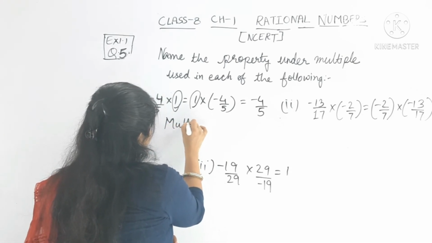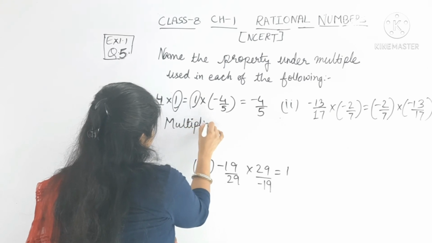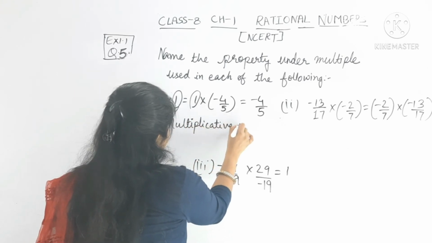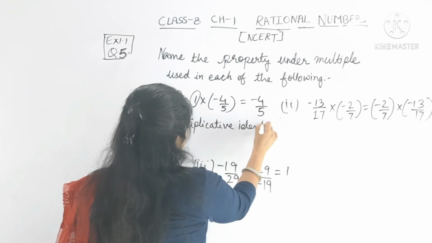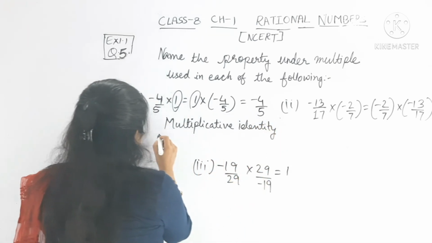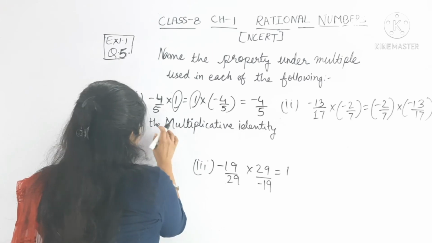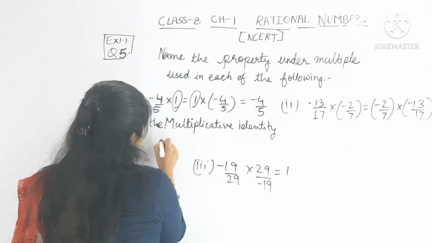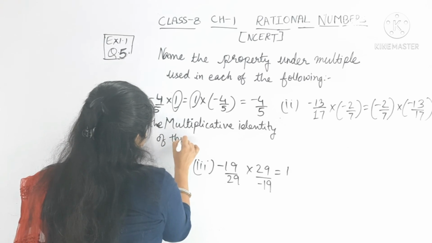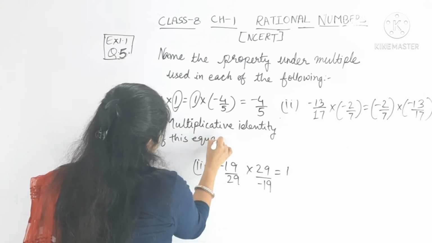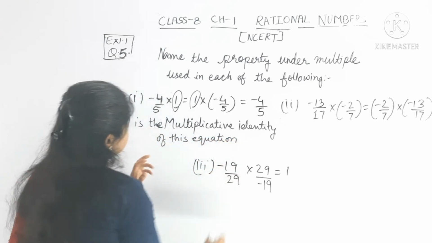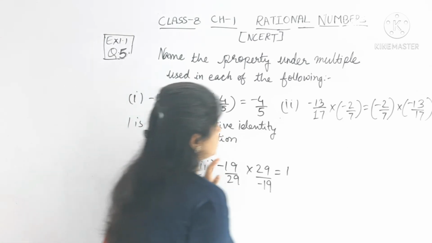Multiplicative identity. Okay, so this property is used. 1 is the multiplicative identity of this equation. So this is the property we used in the first.